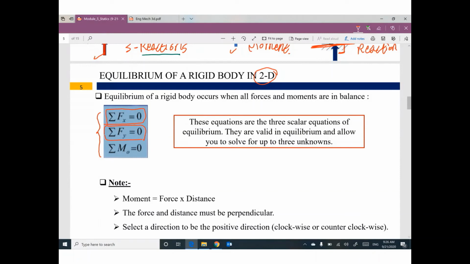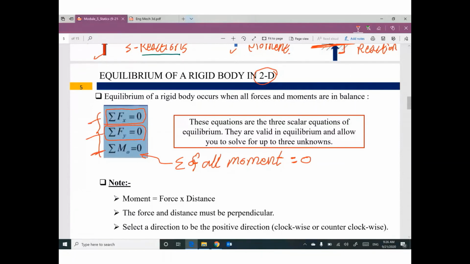And we have a new equation today, summation of all moments equals 0. Just keep the 3 equations in your mind until this moment.